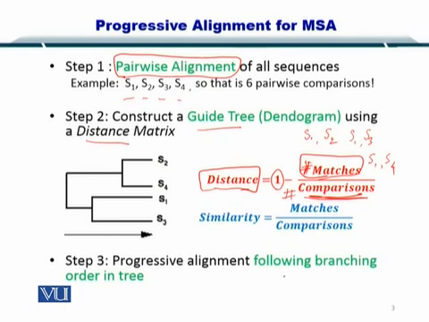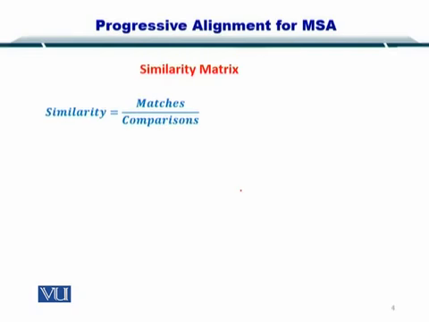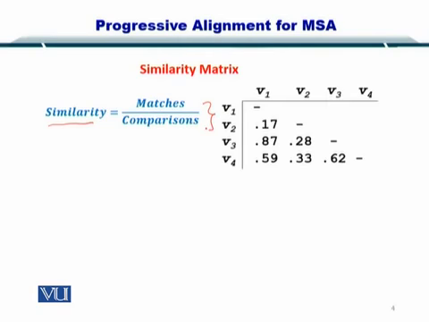That is, you need to create a branching order like this in order to represent the distances. As I just mentioned, similarity is equal to matches over comparisons. If you look at this similarity matrix, you can see that amongst all the values in this matrix, the highest value is 0.87, and this is between V1 and V3.